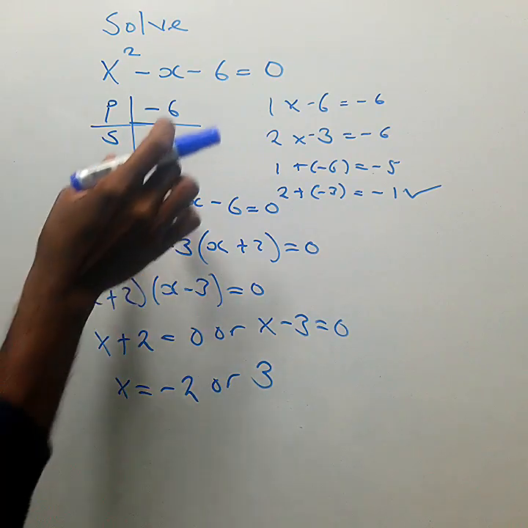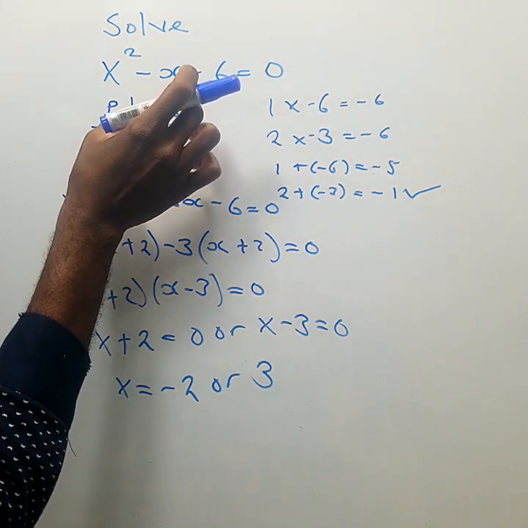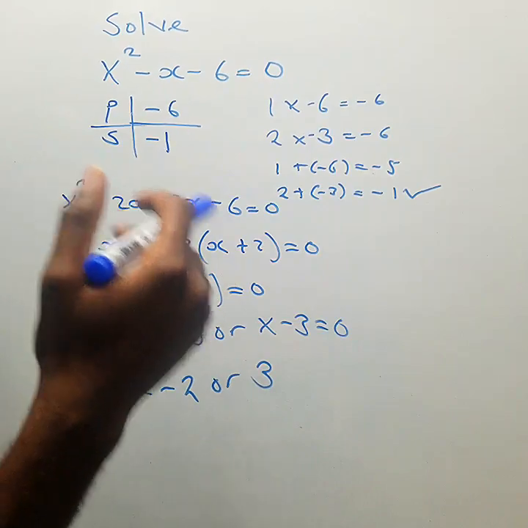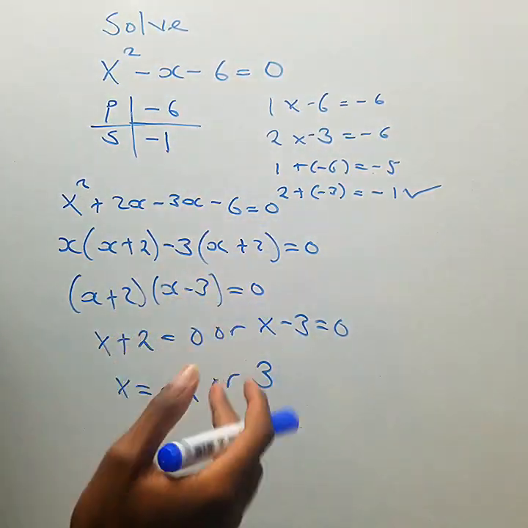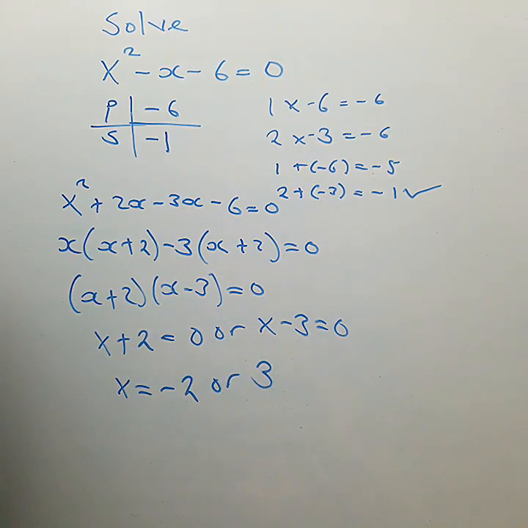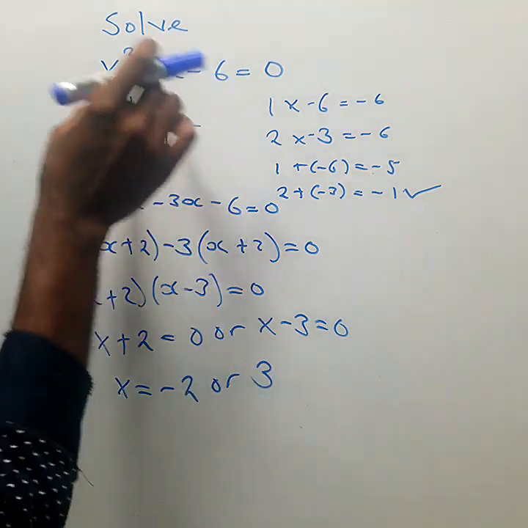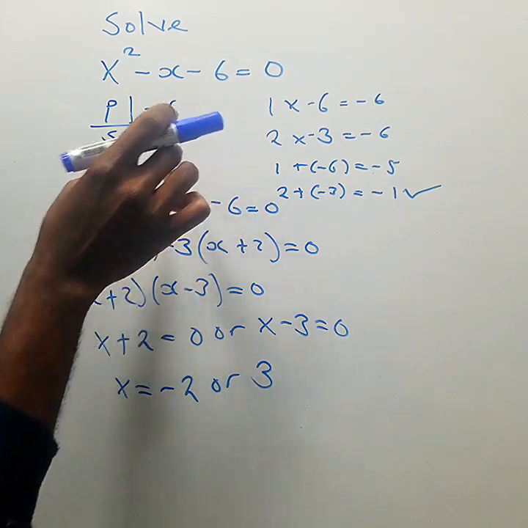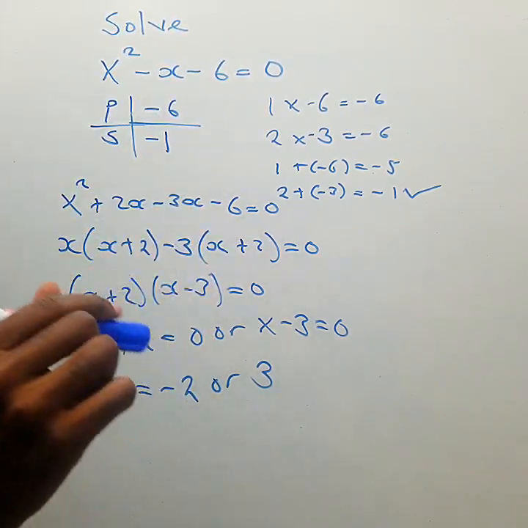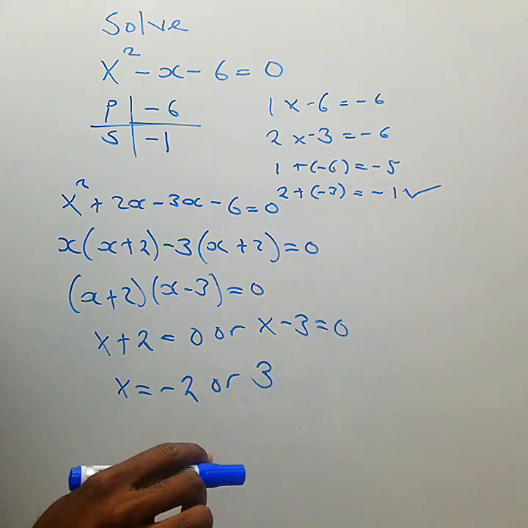So if the product is positive, the factors will have the same signs, meaning if the sum is negative, both factors must be negatives. If the product is a positive and the sum is also a positive, that means both factors must be positives.